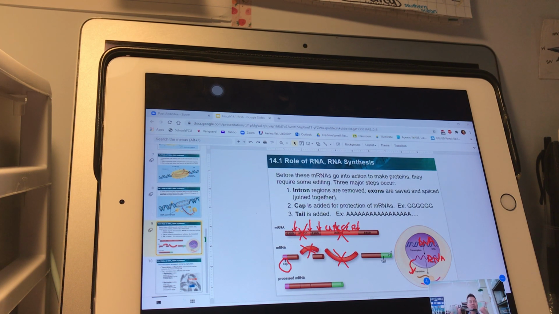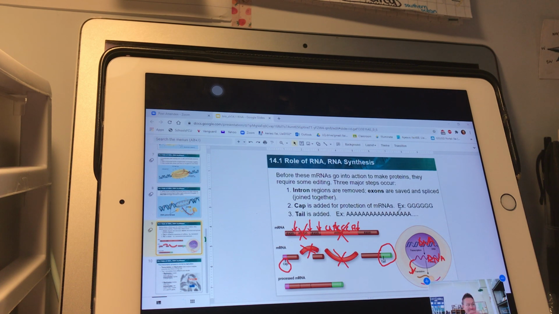What does the tail do? It swings. It propels. It propels outside. See this poly A tail? It moves this messenger RNA out. The tail is made of adenine. Think of a sperm cell.